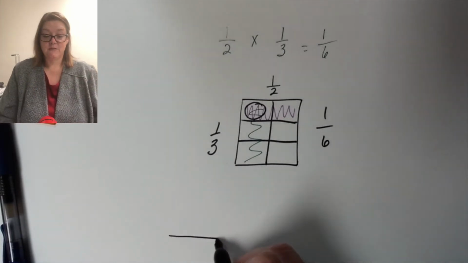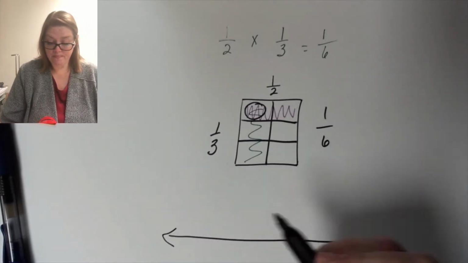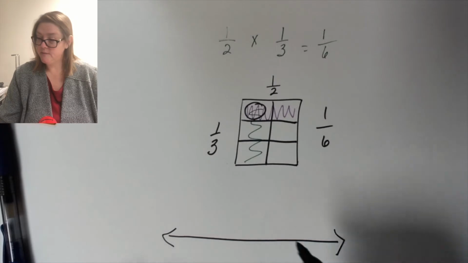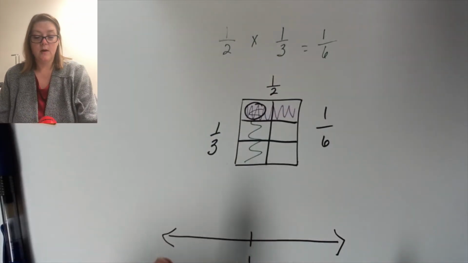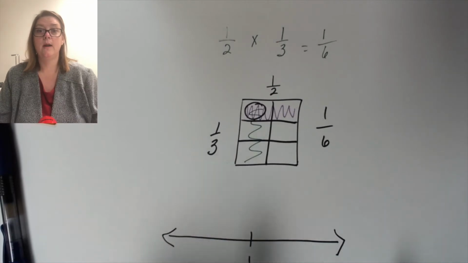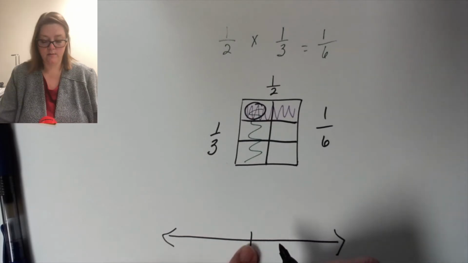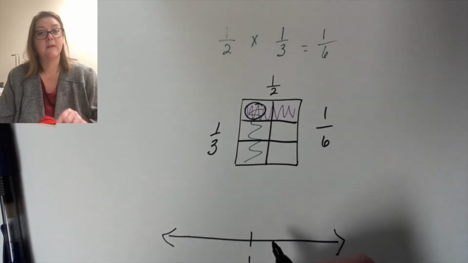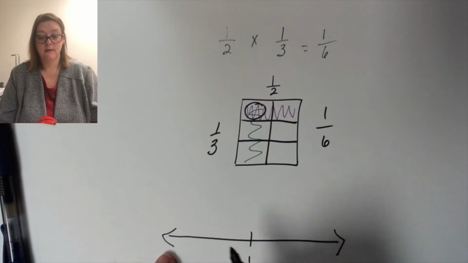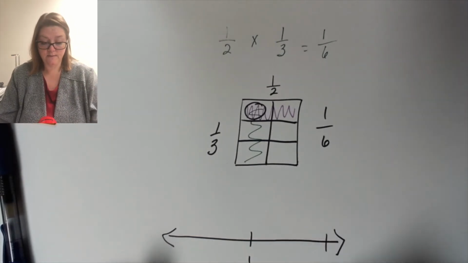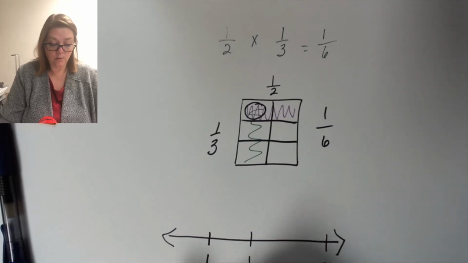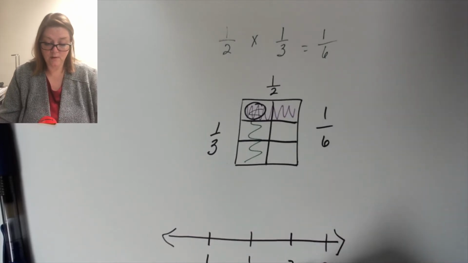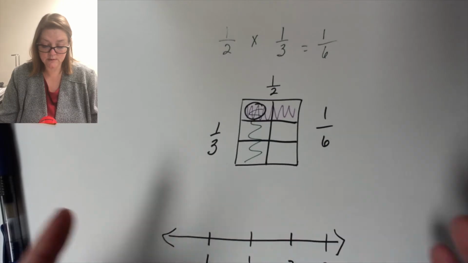Now this one is fun. So here's my number line, right? And again, 1/2. Now I'm looking for 1/2 of a third. Wow. So there's half, but I'm looking for 1/2 of a third. So if that's half and I'm looking for thirds, and I know this is going to be 3/3, where is 1/3? Where is 2/3?